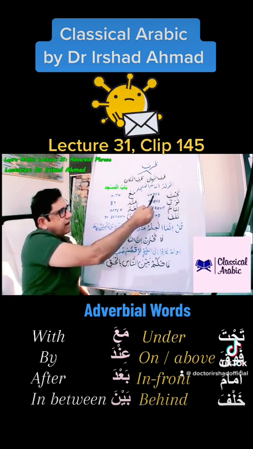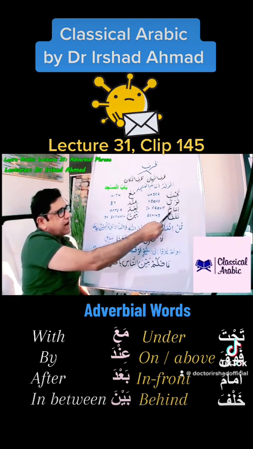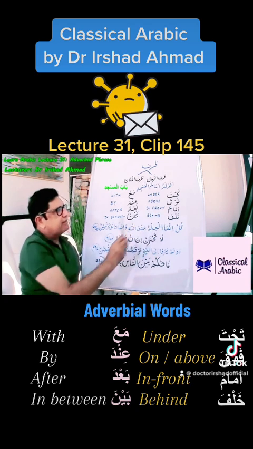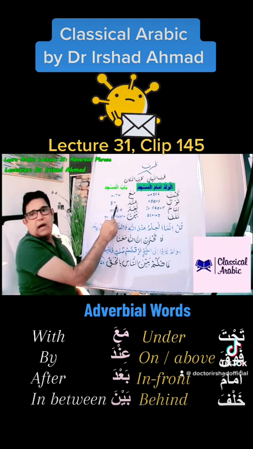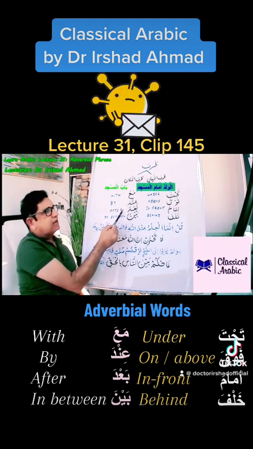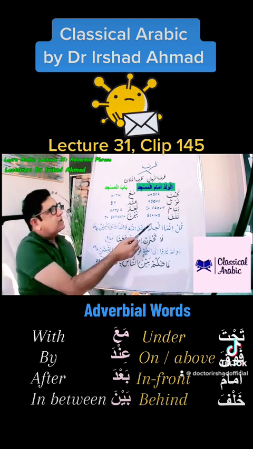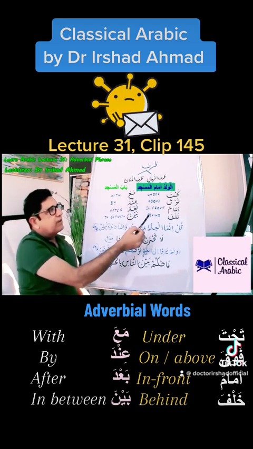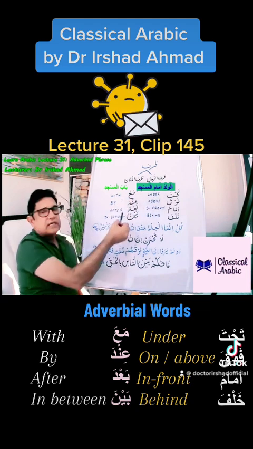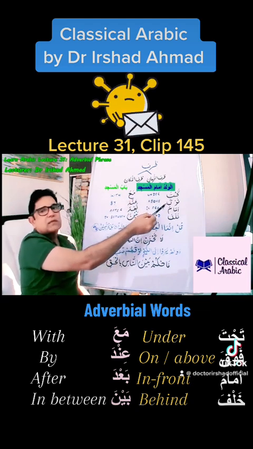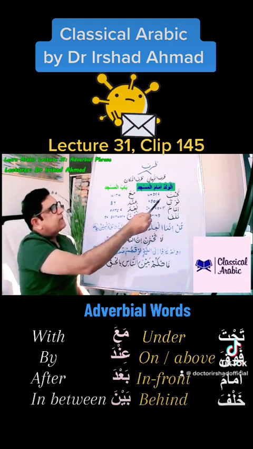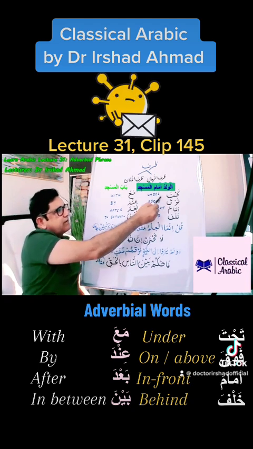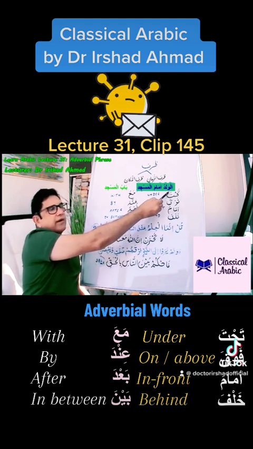Tahta, under, fawqa, above, amama, in front, khalfa, behind, ma'a, with, ba'da, after, and baina, in between. So these are adverbial words, and we see all of them have been written in nasab, and they are used in the phrase in nasab as well, which basically means the last alphabet of this word will have fatha on it.